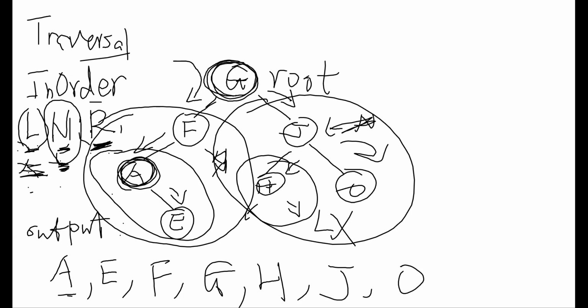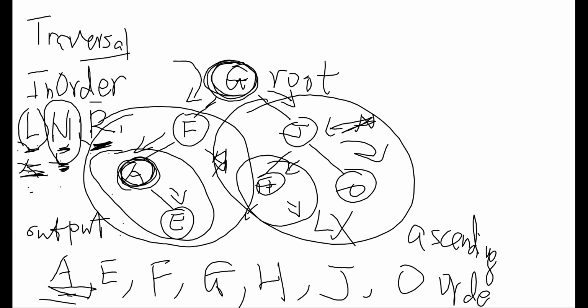So for the in-order traversal, the output is arranged in ascending order. That is going to be the output, ascending order.